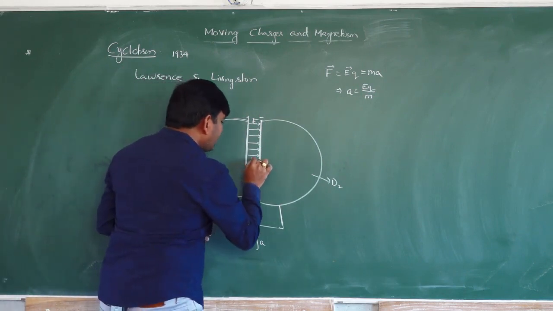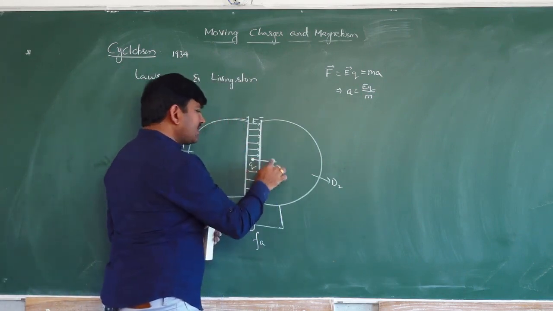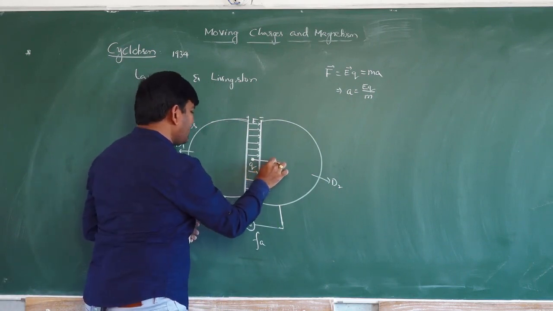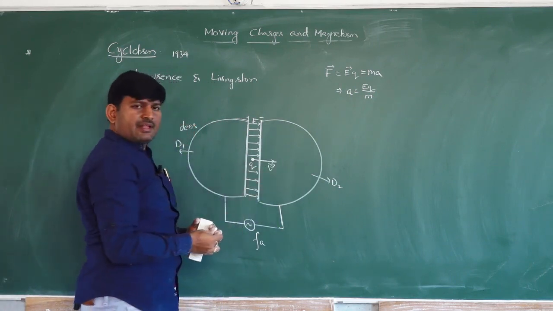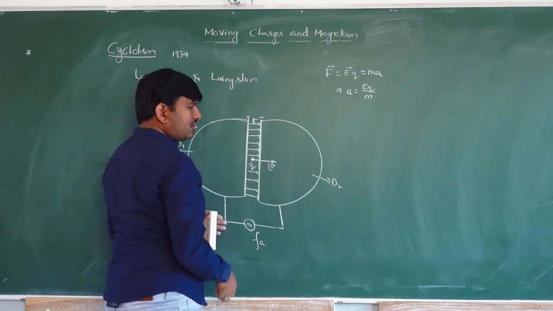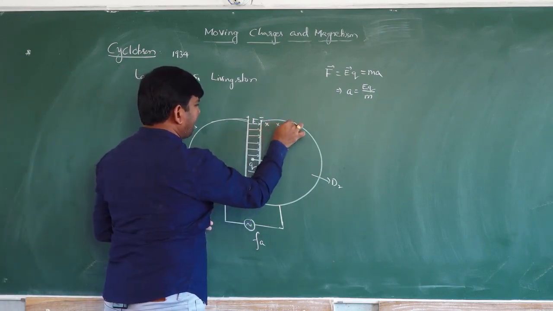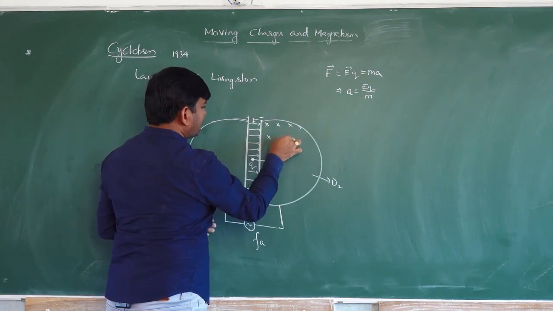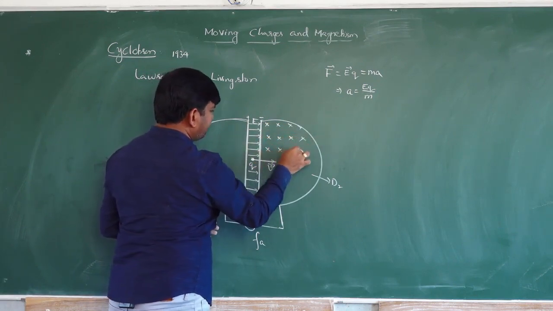Now, it will enter into this D. Once it enters this D with some velocity v, in this D there will be a magnetic field, directed into the board. Let us consider this is a magnetic field directed into the Ds.